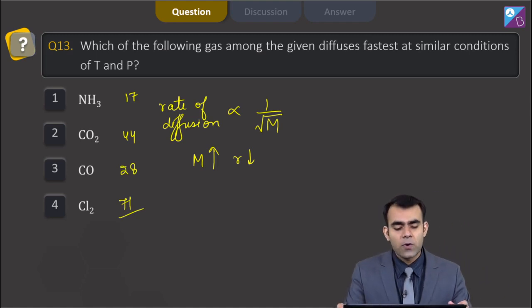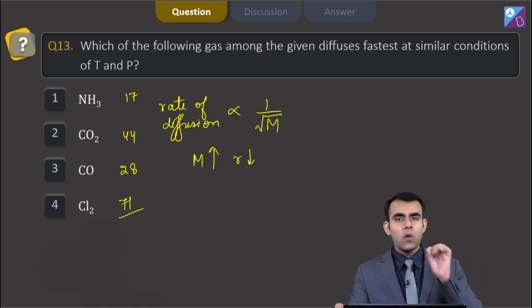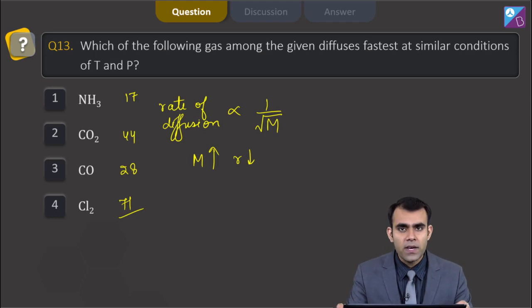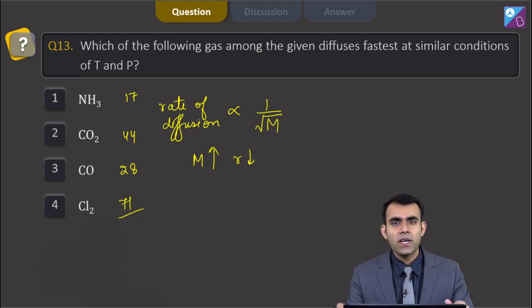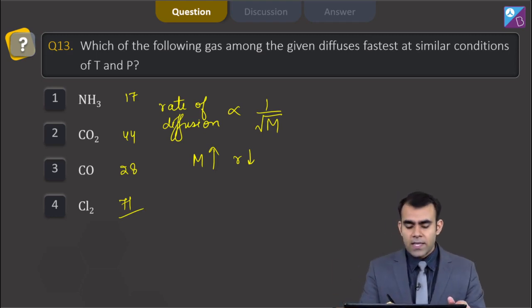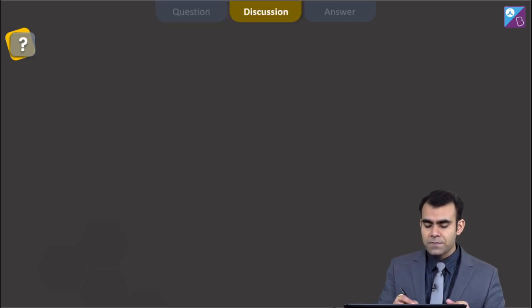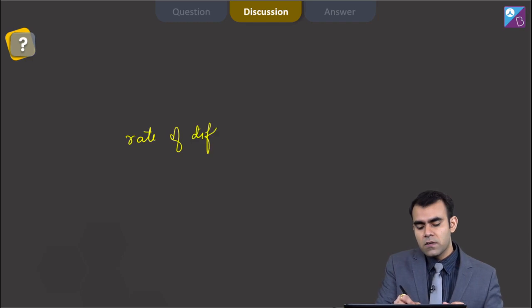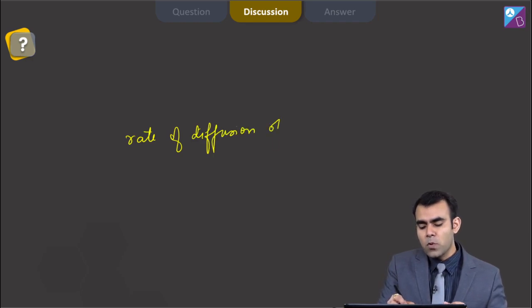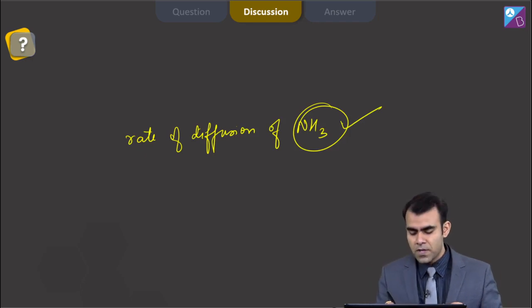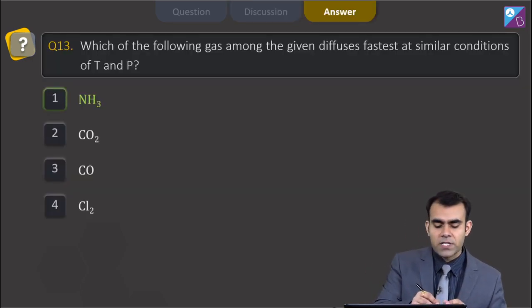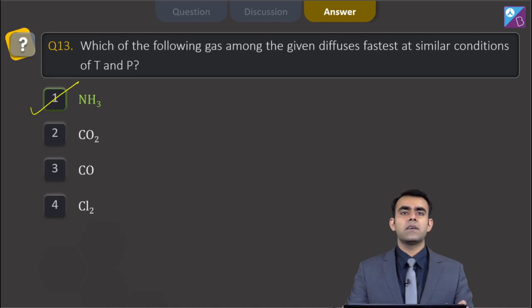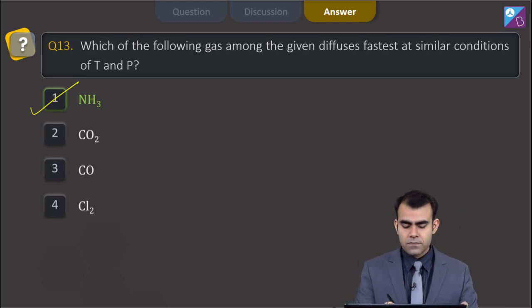So I can say one thing, that here the lowest molar mass is for ammonia. If the molar mass is lowest for ammonia, it means the rate of diffusion of ammonia is fastest. Okay, so the answer of my question is option number 1, that is ammonia.